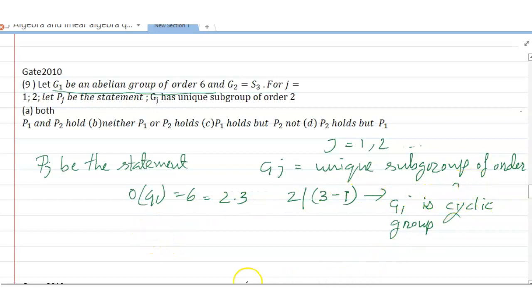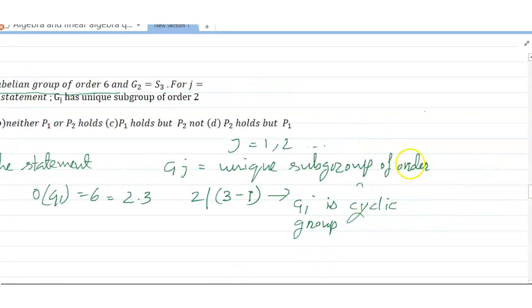Unique subgroup of order 2. It is already told in the question.